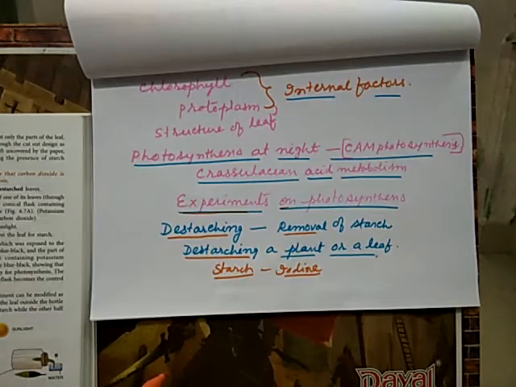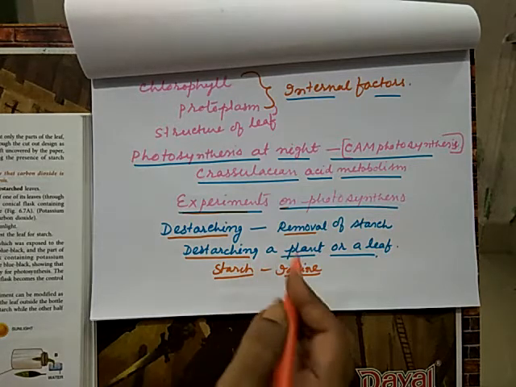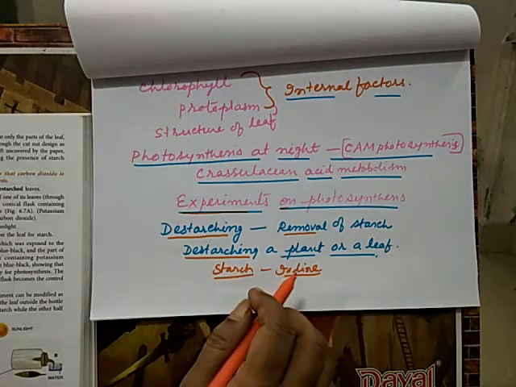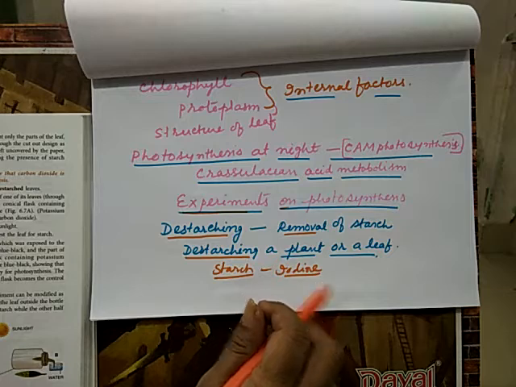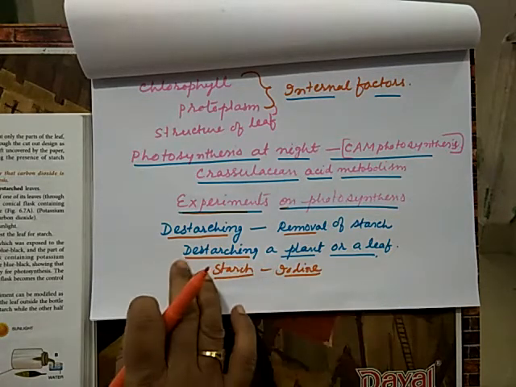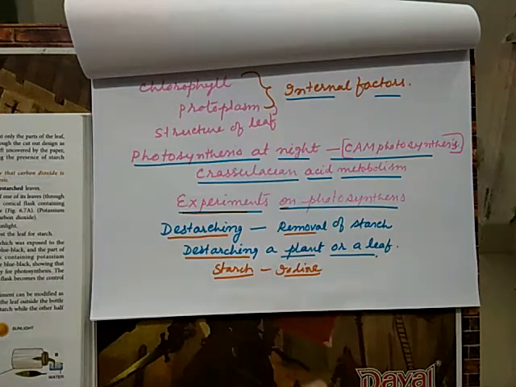The leaf now becomes hard and brittle, so we put it in hot water to make it soft. Spread the leaf in a dish and pour iodine solution over it, so the presence of starch is indicated by blue-black color. The leaf without starch will show the brown coloration, the normal color of the iodine solution.